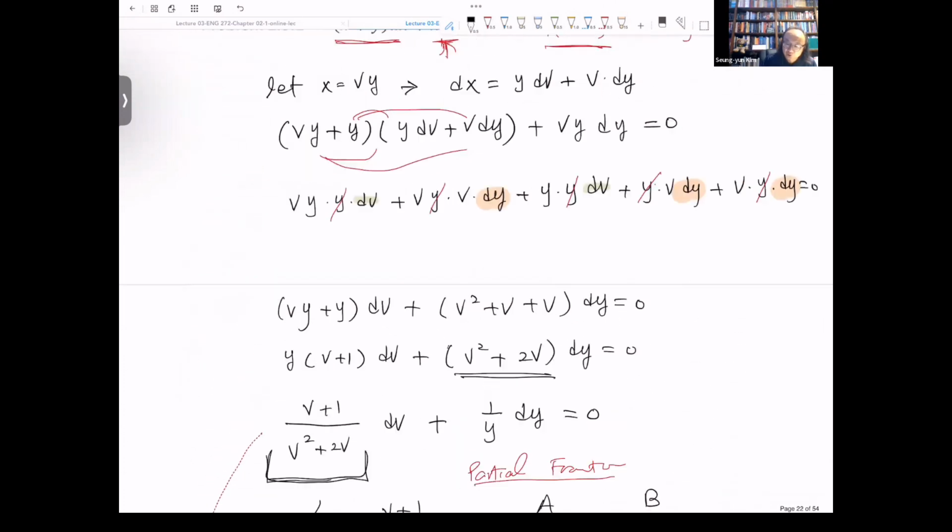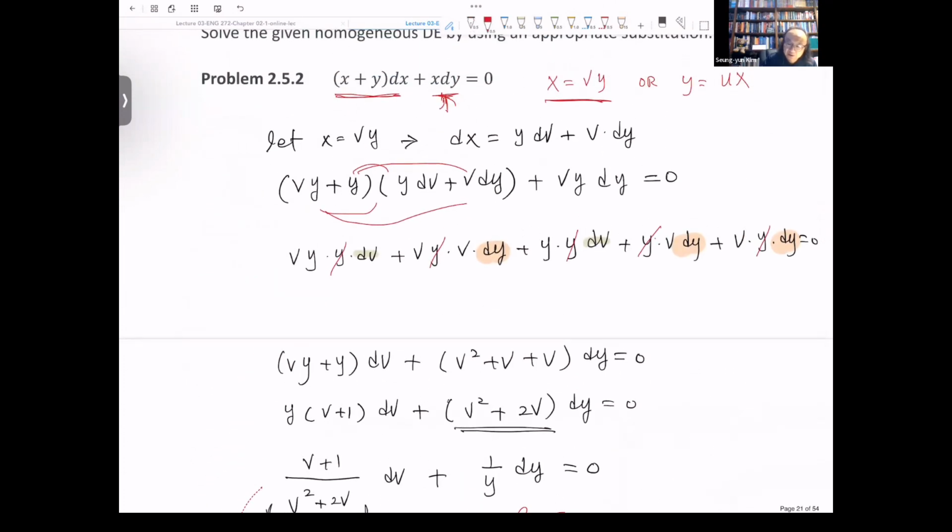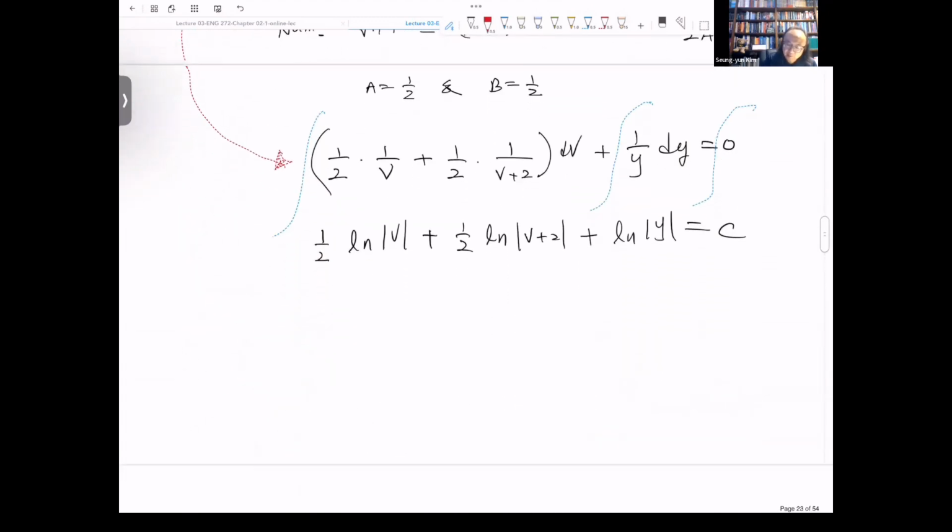And initially we let x equal vy, right? x equals vy. That means v equals x over y. So I'm going to put it back, v equals x over y. And at the same time, we're going to multiply everywhere by 2.